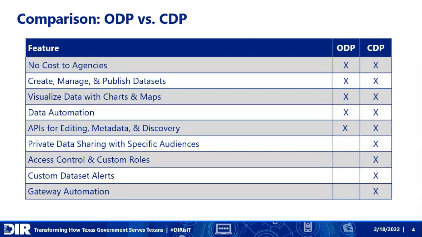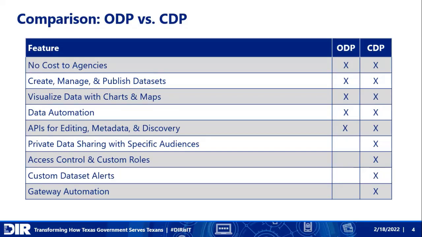Both the ODP and CDP utilize the same platform structure, so have the capabilities to publish data, create visualizations like multi-layered maps or combo charts, leverage story pages to include text, images, and external links, providing more context to your data, and of course, automation for publishing and updating using data sync or through APIs.